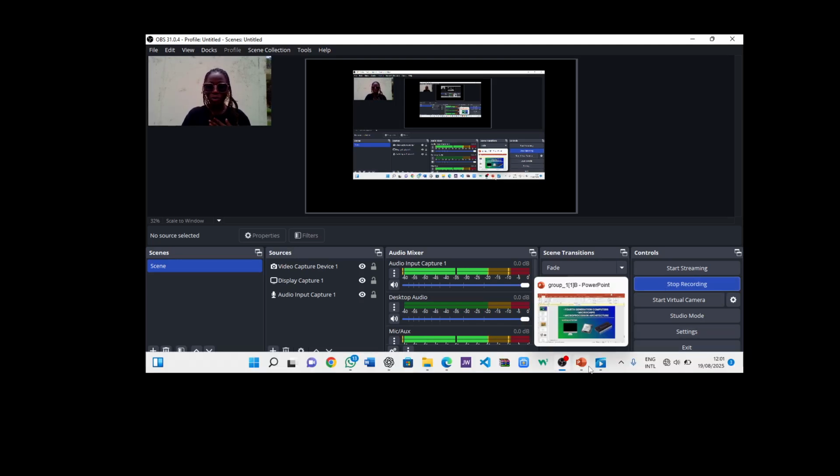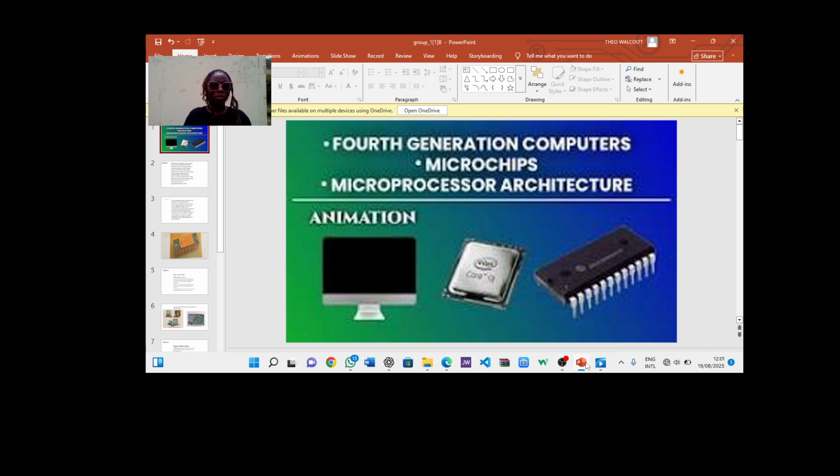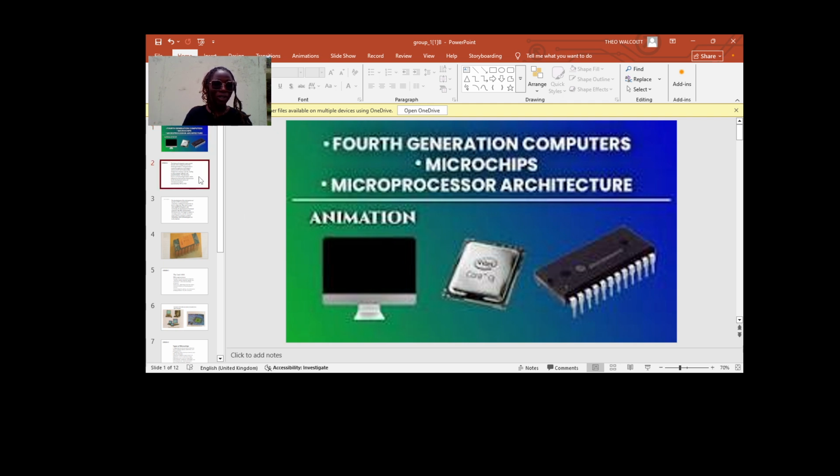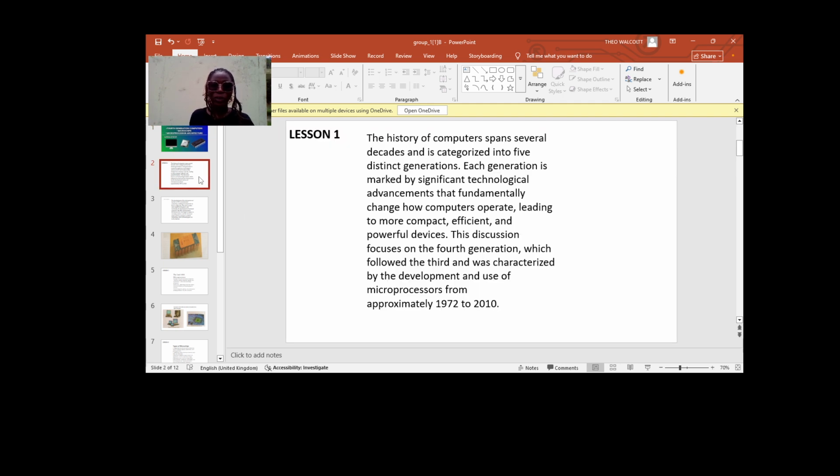My name is Okokubonsu Agnes, and I'll be taking you through the fourth generation computers, microchips, microprocessor architecture. So, lesson 1, we will talk about the history of computers, which spans several decades and is categorized into 5 distinct generations.